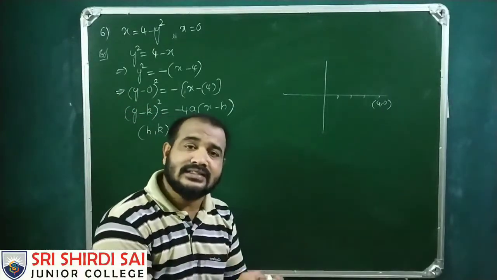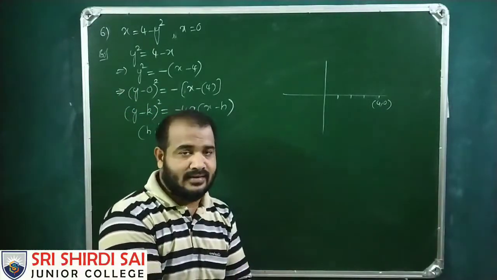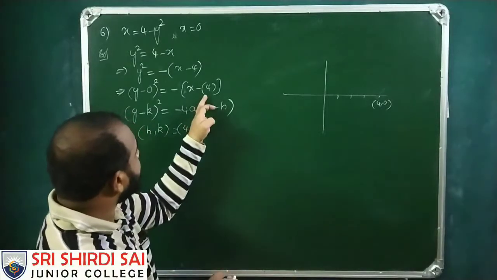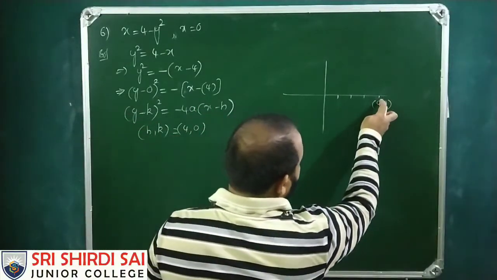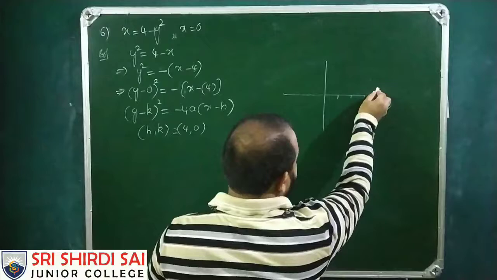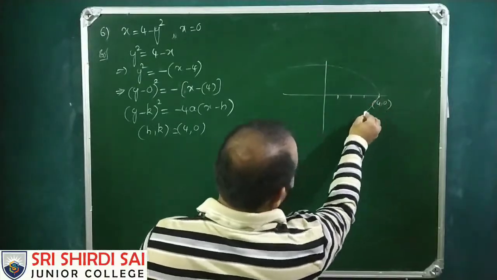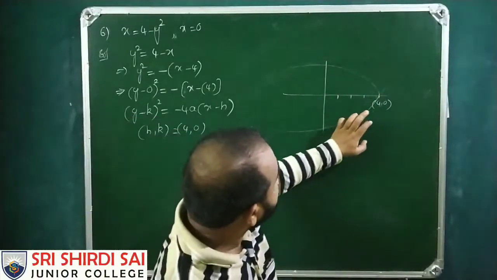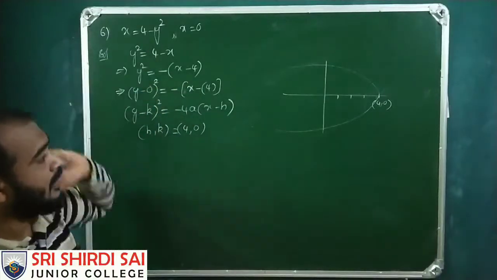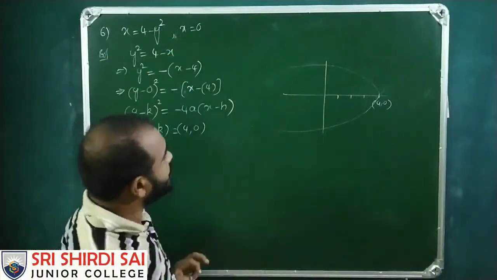The x axis acts like a mirror and the parabola opens in the negative x axis, with 4 comma 0 as the vertex. So this is the given parabola.